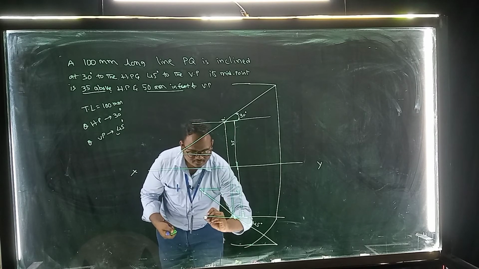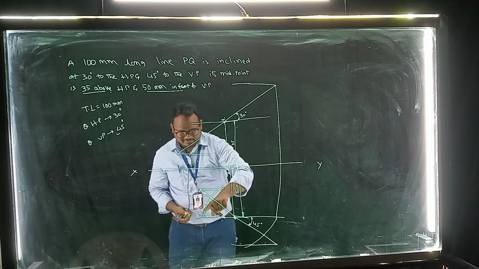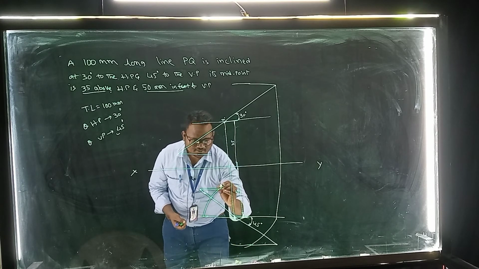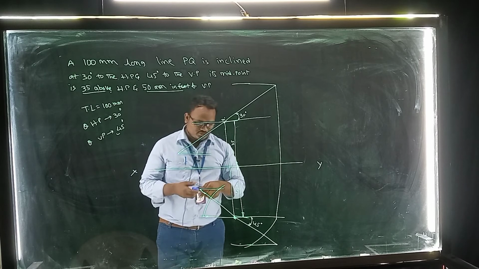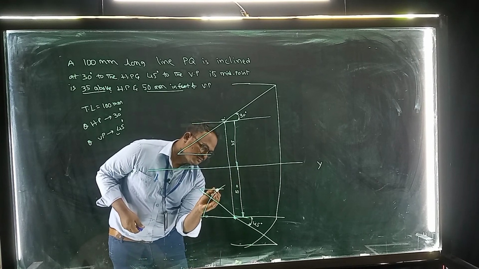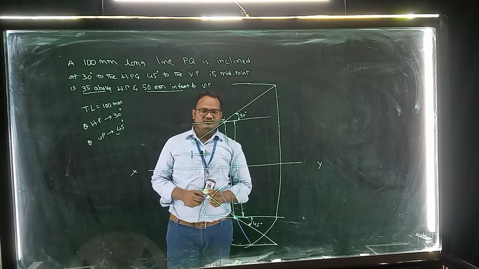With the same radius, with this M point as a center, from here cut one more arc. This arc touches this locus line somewhere. By joining these two, you will get the compressed top view.